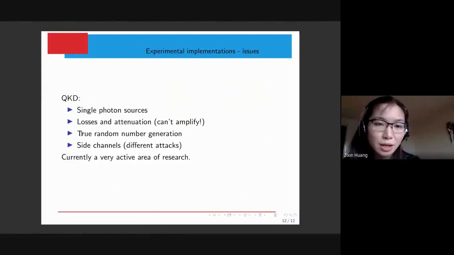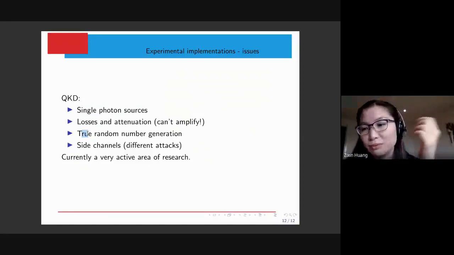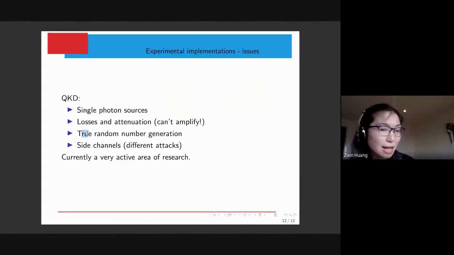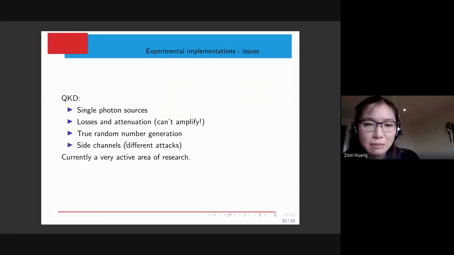Of course, we know that there is no deterministic protocol using classical computers that can generate true random numbers. So the solution there would be to use a quantum number generator, which you might have heard about. And there are some side channels, so an eavesdropper might be able to shoot some light into Alice's preparation apparatus and find out which bases she's using, and so on and so forth. So yes, this is a currently very active area of research.